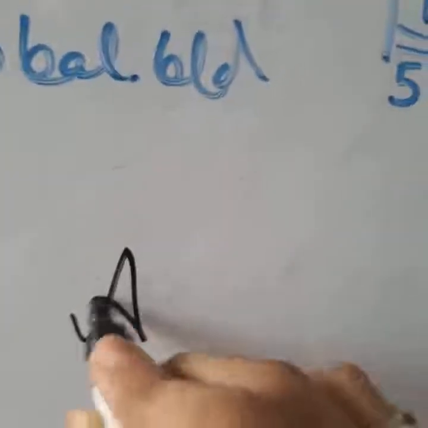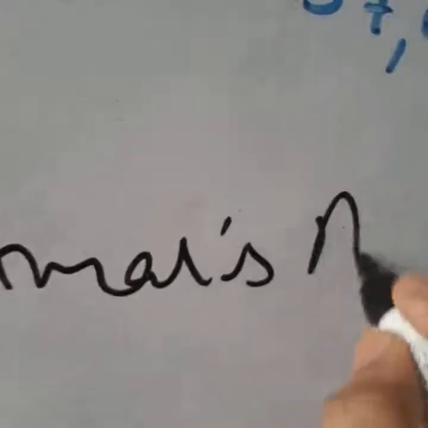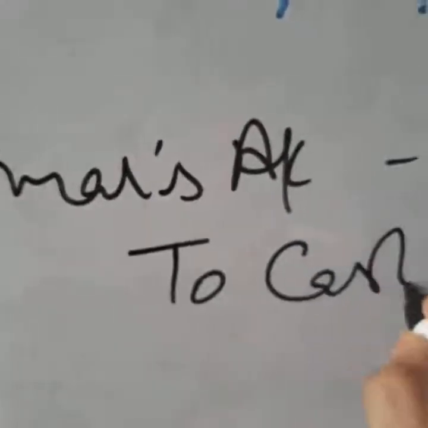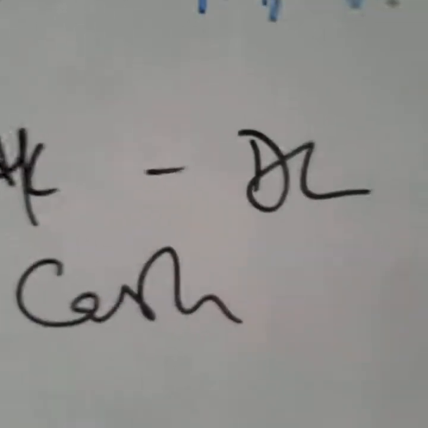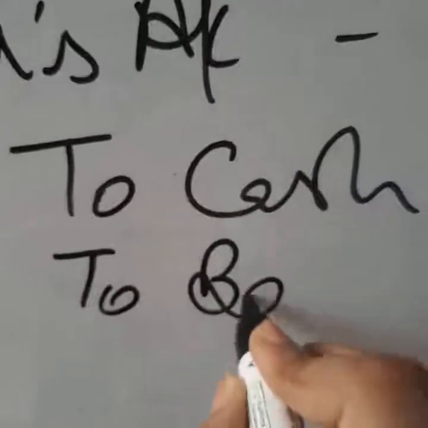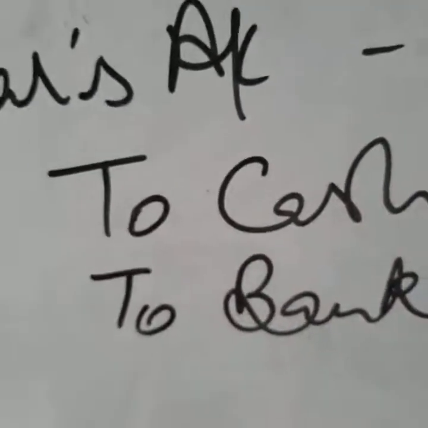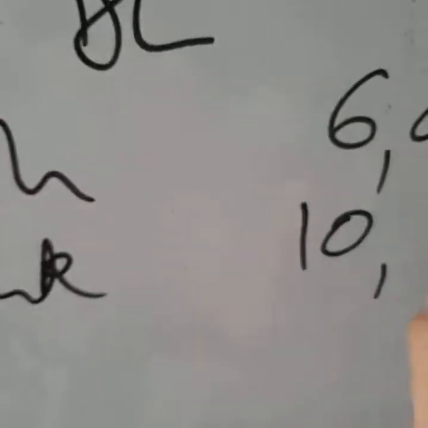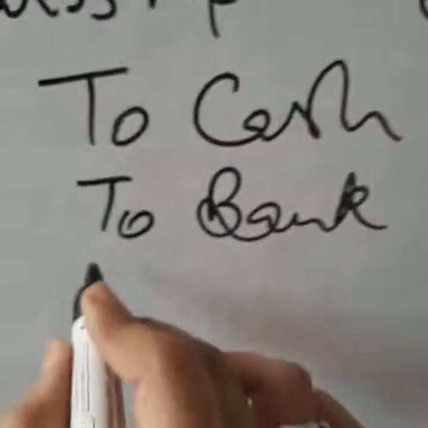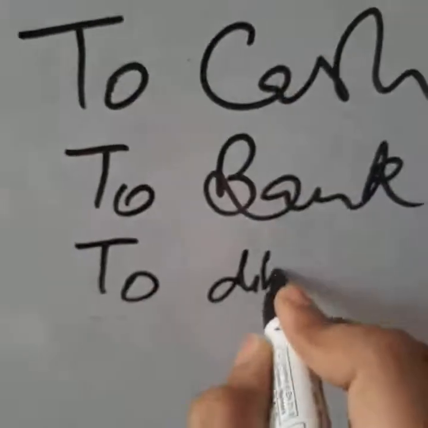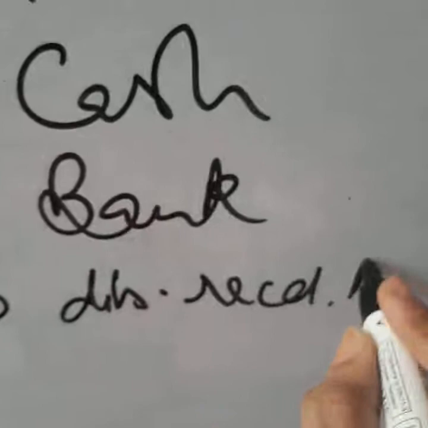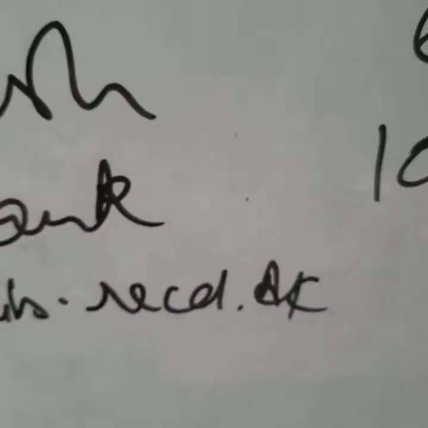Entry will become Amar's account debited to cash. We are making payment in cash 6,000. We are making payment through check also, that is to bank 10,000. And he gave us discount. So this becomes discount received for us. So to discount received account 720.